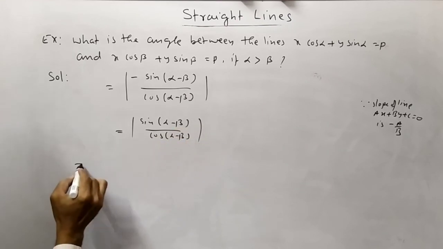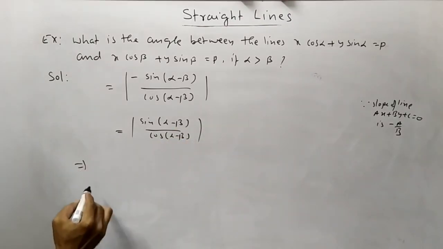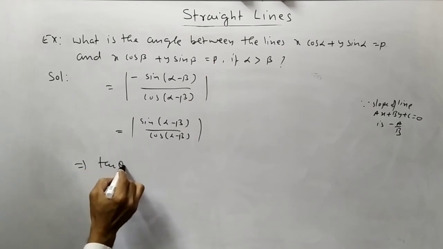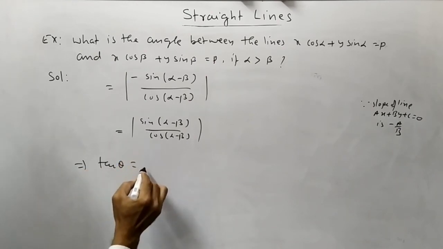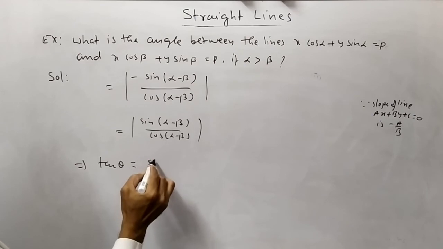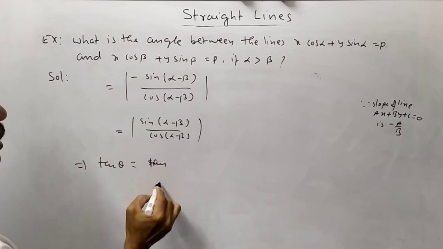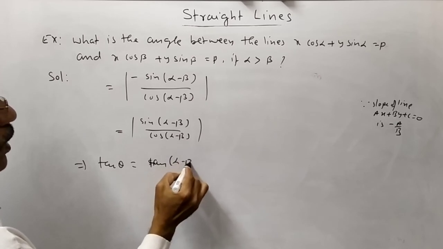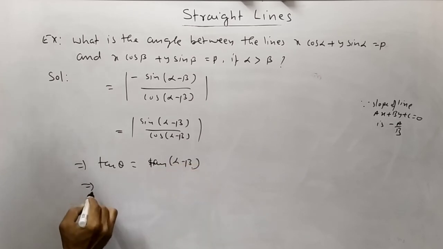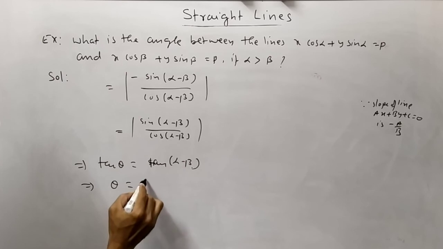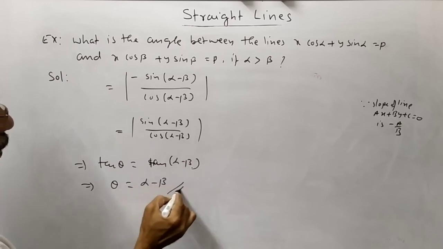This implies tan theta is equal to tan of alpha minus beta. This implies theta is equal to alpha minus beta.